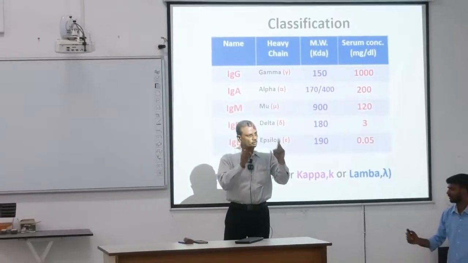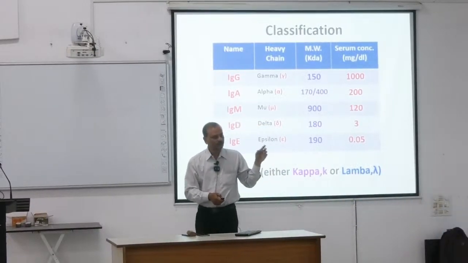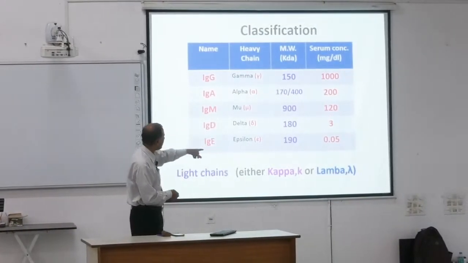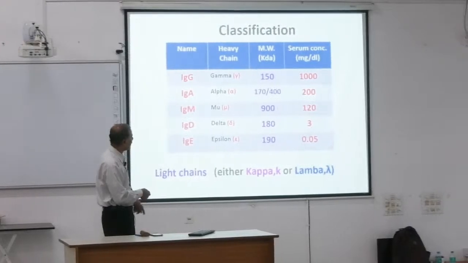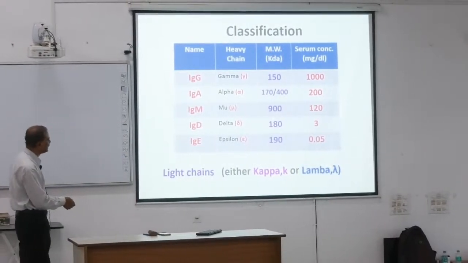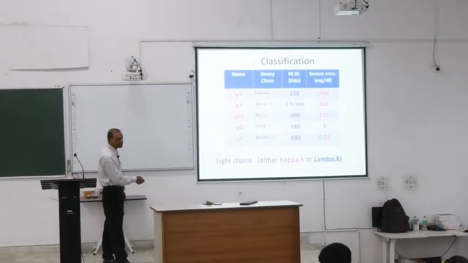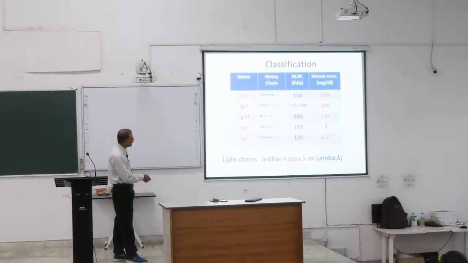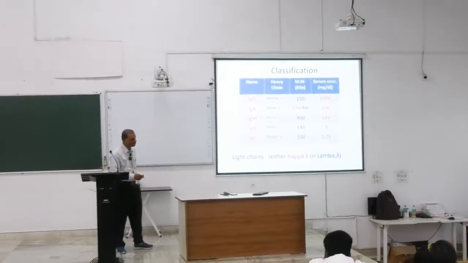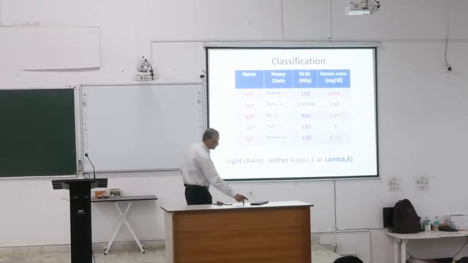That means 5 monomeric units are linked together with a J chain. That's why the molecular weight is 900. And IgD is again a monomer. IgE is a monomer, and its concentration is the least because this is allergy. So the light chain, you must remember, will be either kappa or lambda, not a mixture of the two.